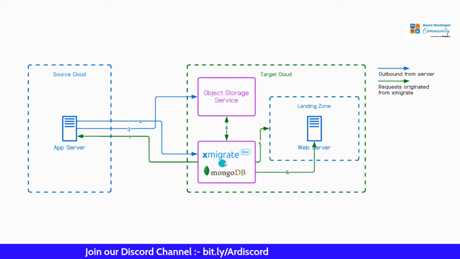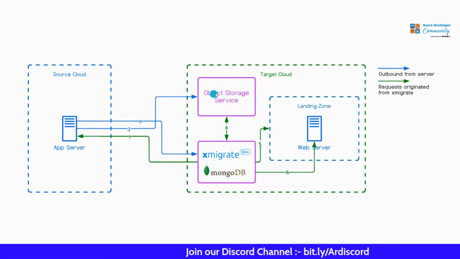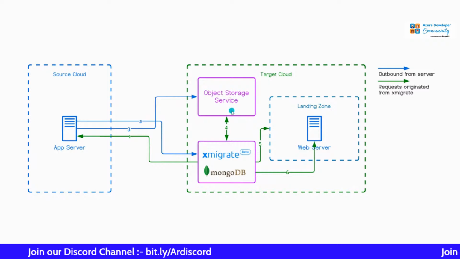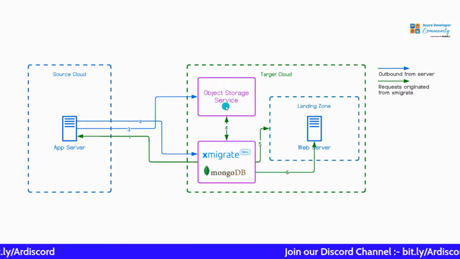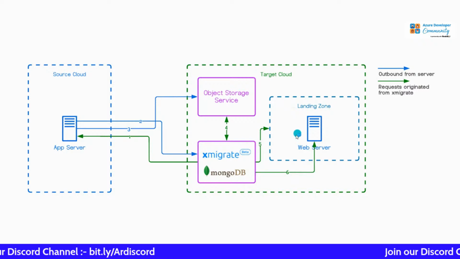So we have deployed the CrossMigrate application in the Azure cloud, and we have created an object storage service in the Azure cloud. The blob storage, we have already created one in the target cloud in our Azure account. I will show that to you. And the landing zone and web server are the output of this migration.